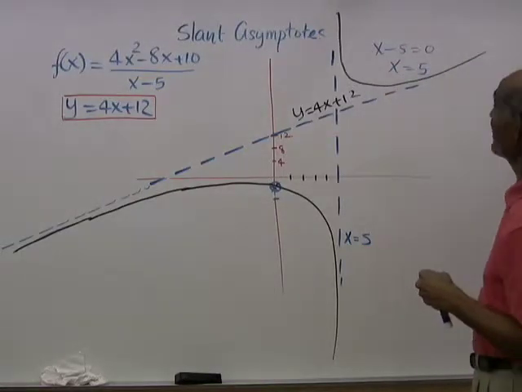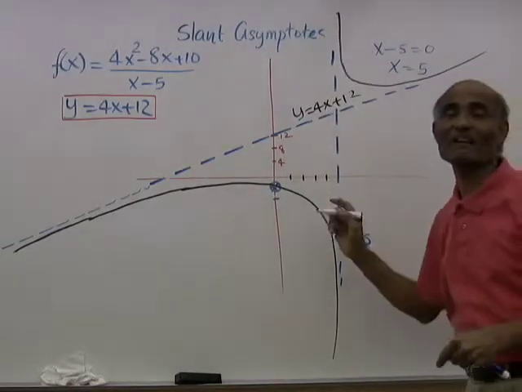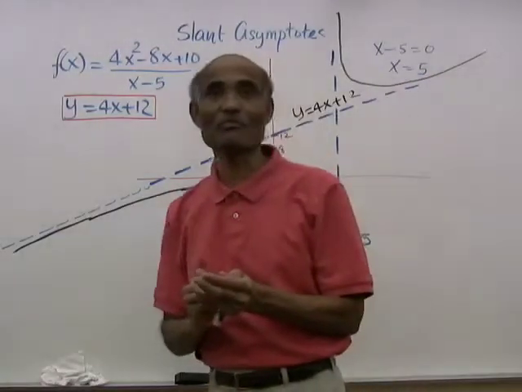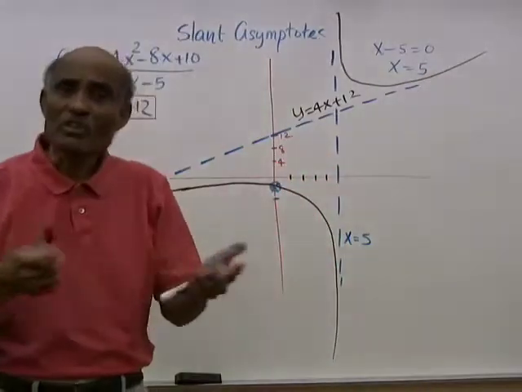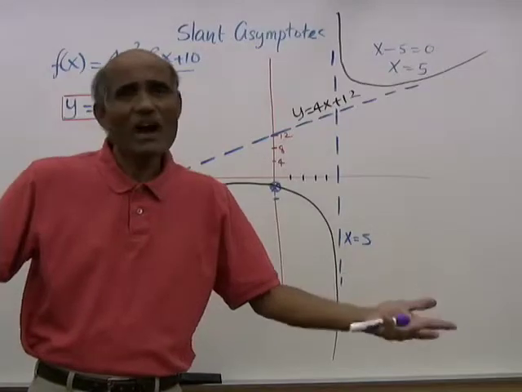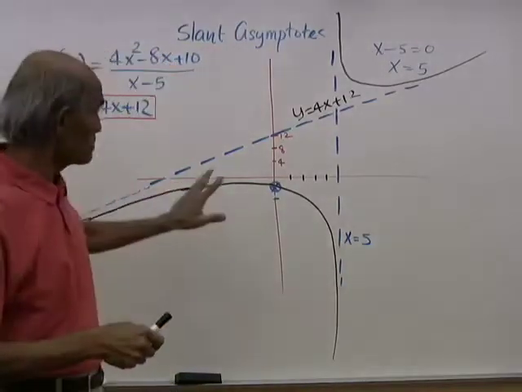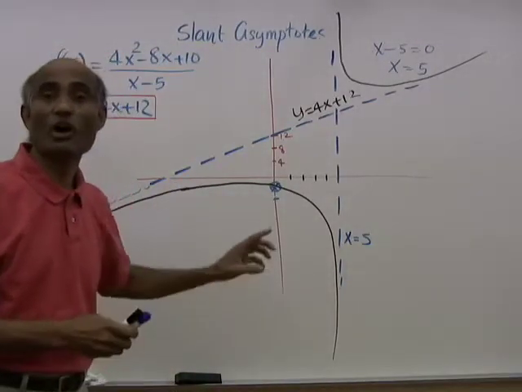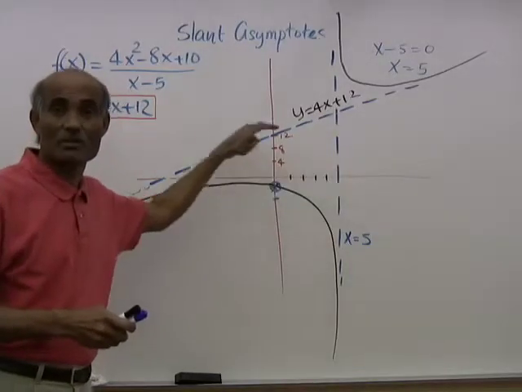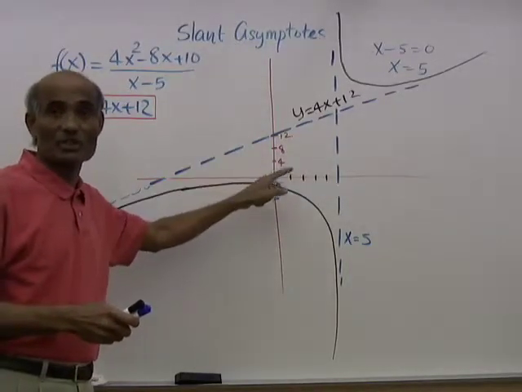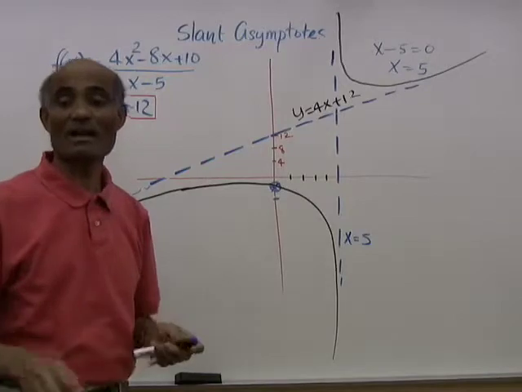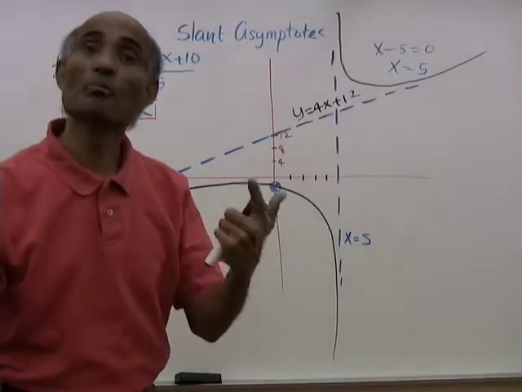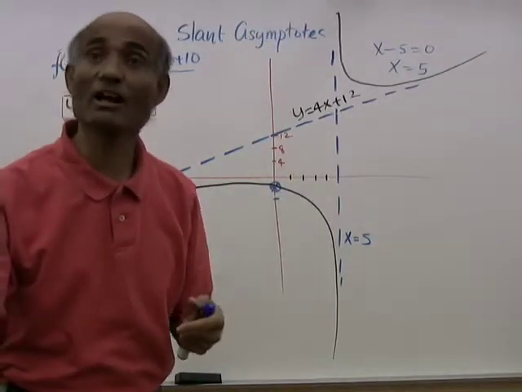It will go that way. And look at the graph. It gives a beautiful graph of the function. Now, without using any other information, just using the information on the vertical asymptote, slant asymptote, and the x and y intercepts. And we will be doing more of this in our next class.